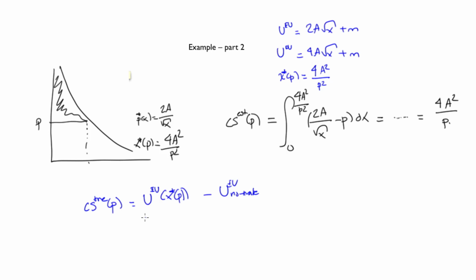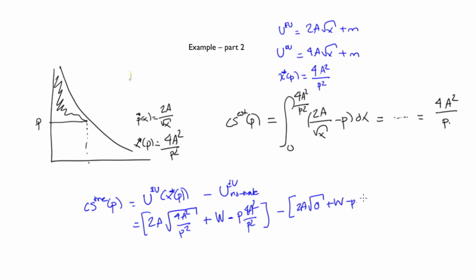And if we substitute, that is going to be equal to, we have to use the experience utility function, 2a square root of what it chooses, which is 4a squared divided by p squared, plus whatever it consumes of m, which is w minus p times 4a squared over p squared. This is how much it buys. So this first term is that term, minus the utility of no trade, which is 2a square root of 0 plus w minus p times 0.